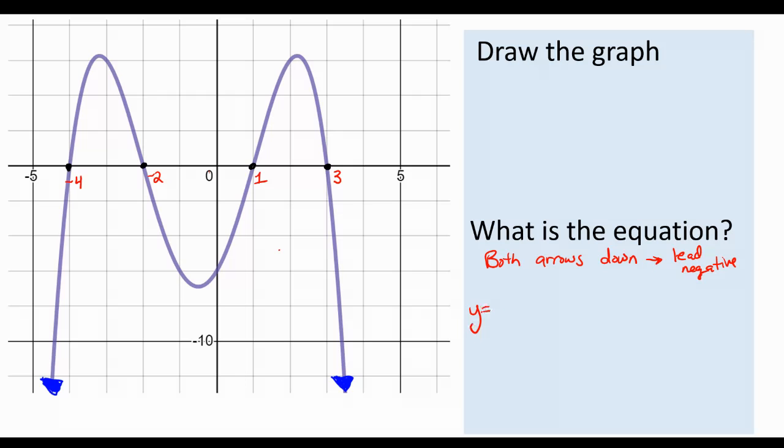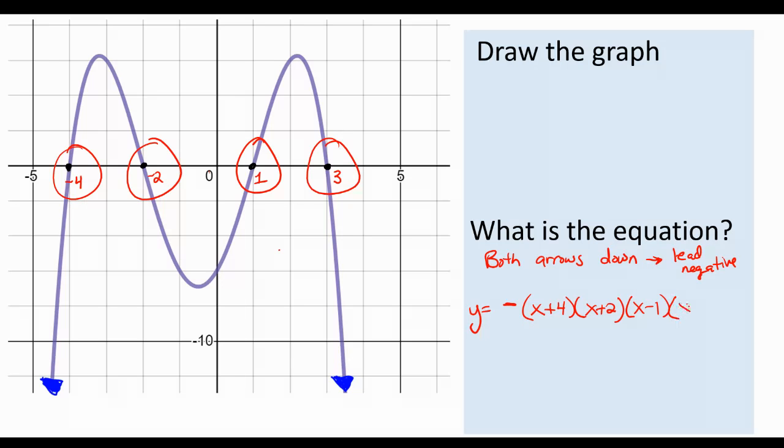So y equals, start with the negative. Okay, there's no double roots. There's no spot where the graph bounces. So they're all single roots, so we just have to go ahead and put them in with x and do the opposite number. So this will be x + 2. This one will be x -1 because you do the opposite number, and then x minus 3.